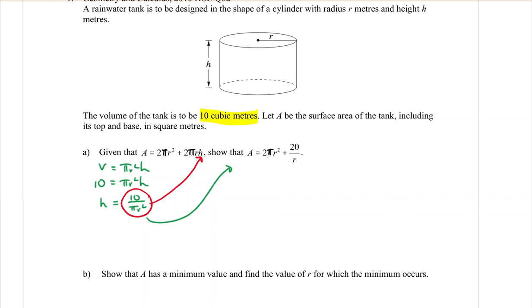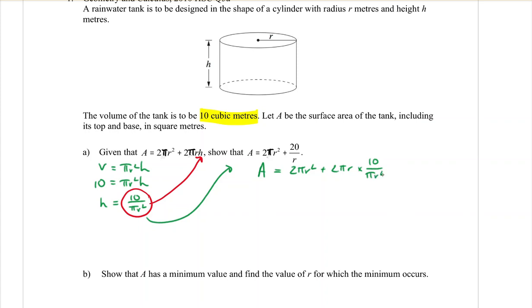So A for area, surface area, but they only like one letter for these things. Area is equal to 2 pi r squared plus 2 pi r, and I'm subbing in that h is equal to 10 over pi r squared.